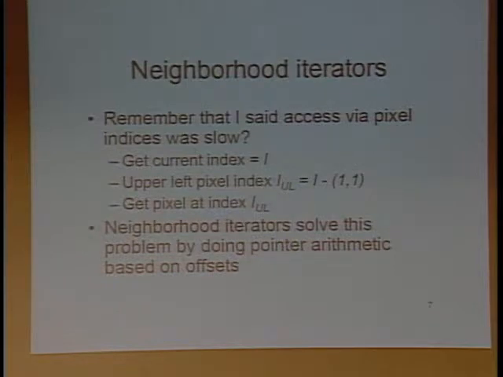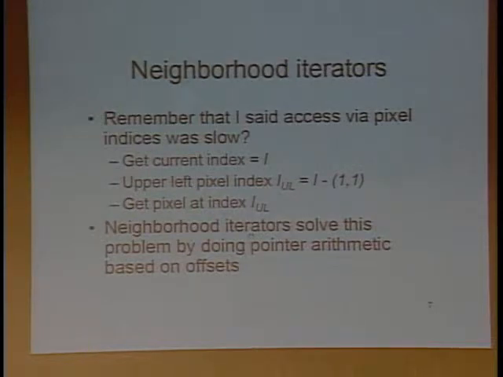And the ITK neighborhood iterator provides you efficient way to access pixels in a neighborhood. How to access neighbor pixels? First, you have to know the index, the position of the reference pixel, and then know the offset of the neighbor pixel from that reference pixel, calculate the index of the neighbor pixel, and then access the pixel.